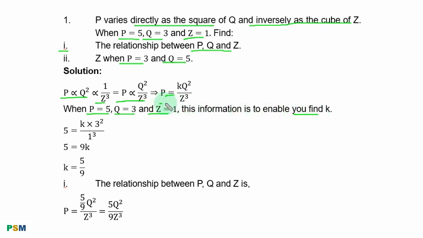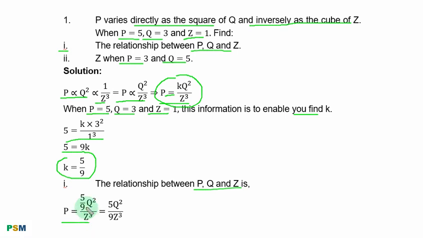You come here and replace them. You have this result, and that is 5 equal to 9k. To get k, divide both sides by 9. To get the relationship between the given variables, you come here and replace k with 5 over 9 in this form.